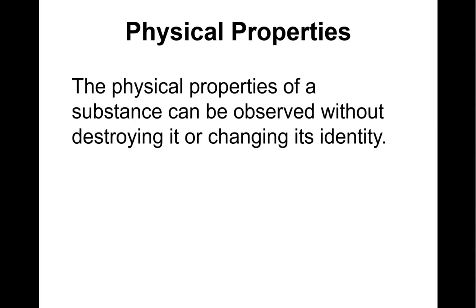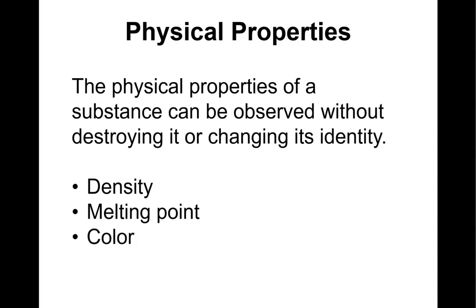So the physical properties of a substance can be observed without destroying it or changing its identity. Density is an example of that. To measure the density of a substance, let's say a piece of metal, I determine its mass, I determine its volume. I don't change the identity of the metal in making that determination. Melting point I just mentioned with regard to something like ice, and there are other things that we can melt as well.